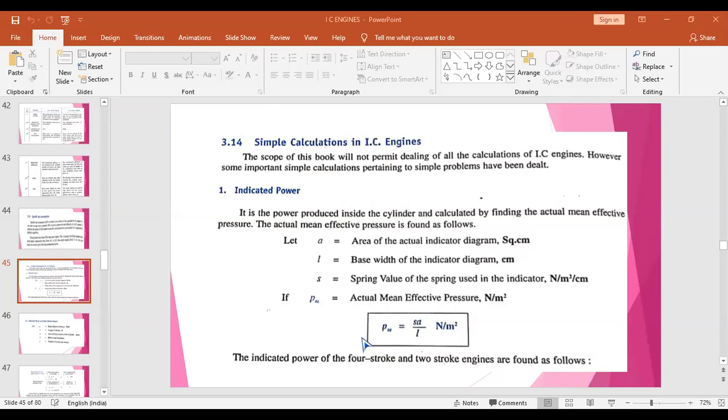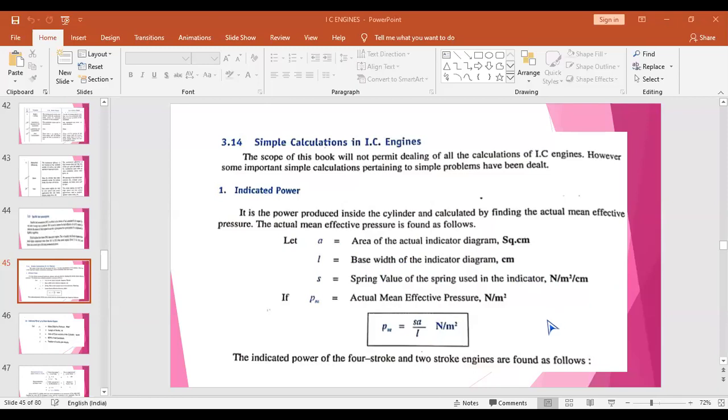For that, you have the equation, indicated power, lowercase p equal to SA divided by L. S is the value of the spring used in the indicator, that is in newtons per meter square per centimeter, A is the area of the actual indicator diagram, that is in centimeter square, and L is the base width of the indicator diagram, that is in centimeter.